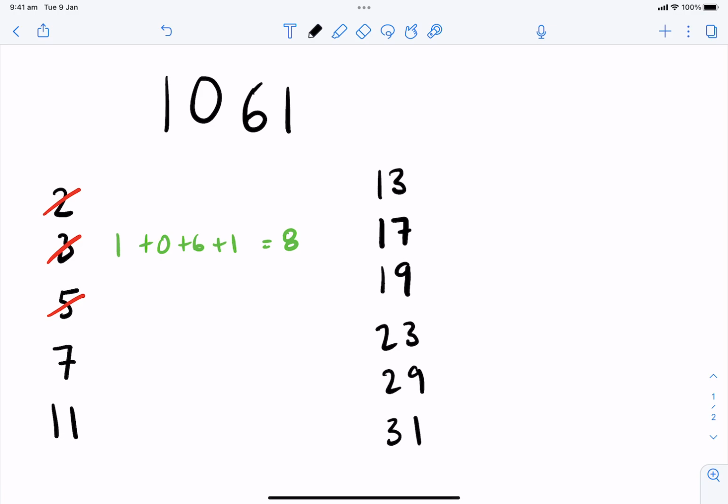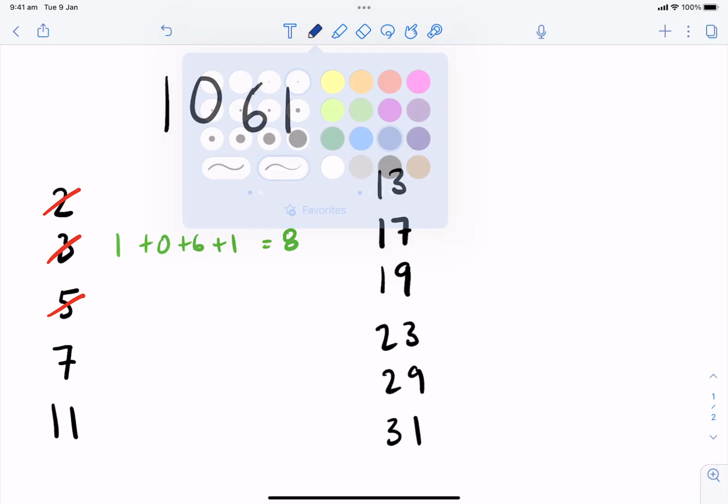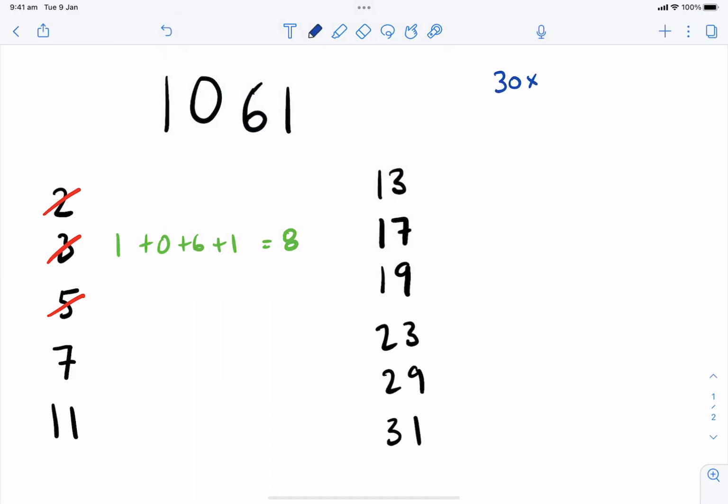I hope I haven't forgotten any here. And now, how far do we need to go for 1061? Well, I can check this by calculator, or I can do some things in my head. I know that 30 times 30 is 900, and 40 times 40 would be 1600.